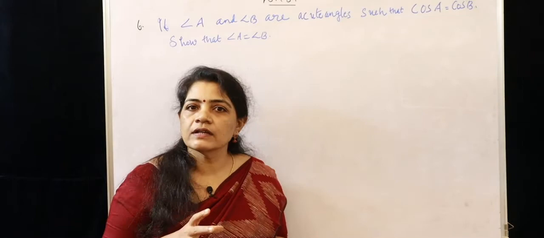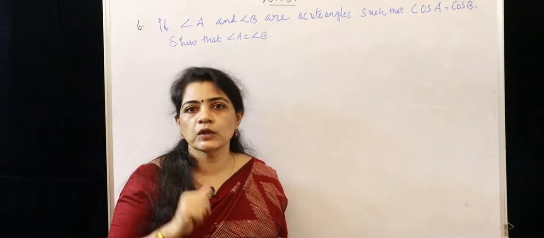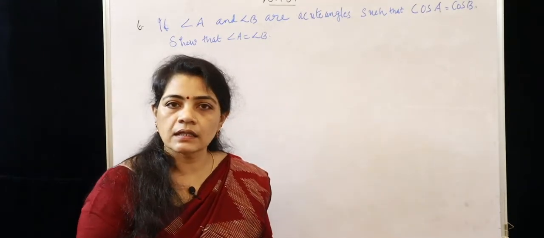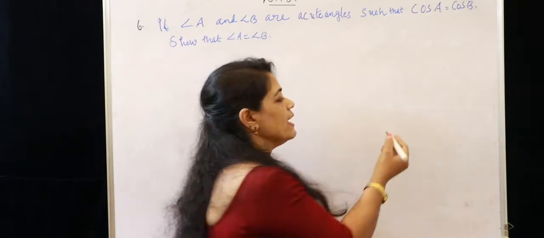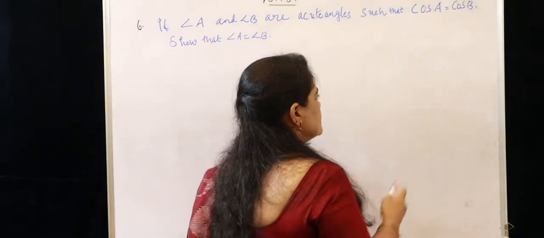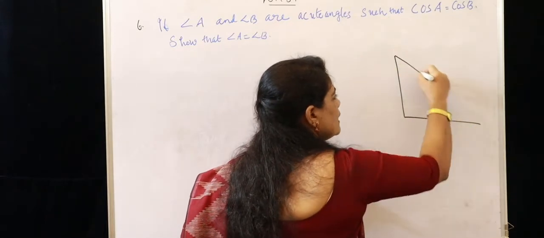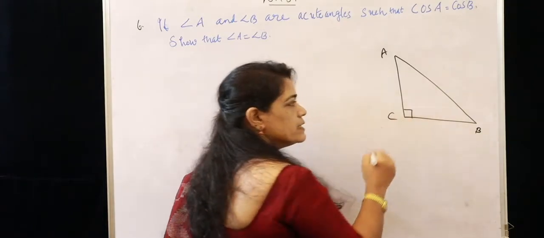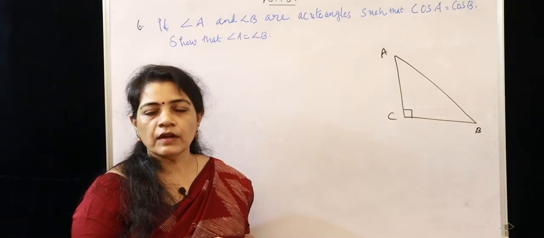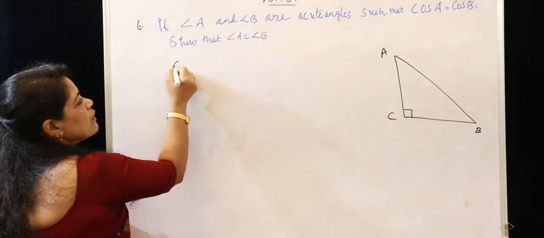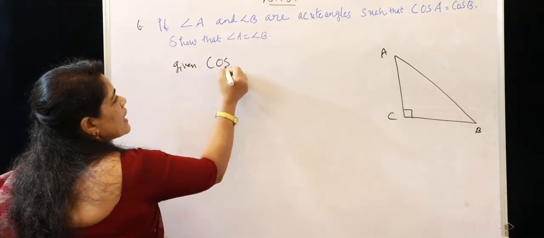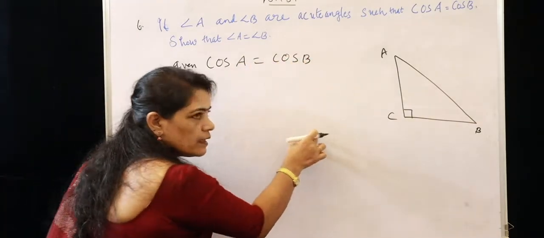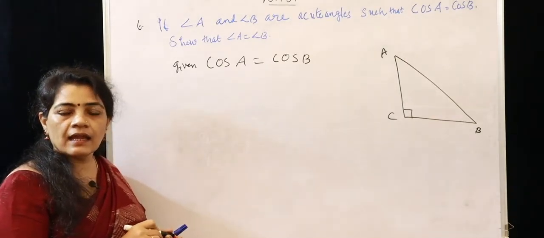Okay, what is given, children? Angle A and angle B are two acute angles. That means in a right triangle, let angle A and angle B be the acute angles. So I am drawing a right triangle ABC, marking angle A and angle B as acute, and definitely this will be angle C. Since it is given that cos A equals cos B, we can write what cos A and cos B are.